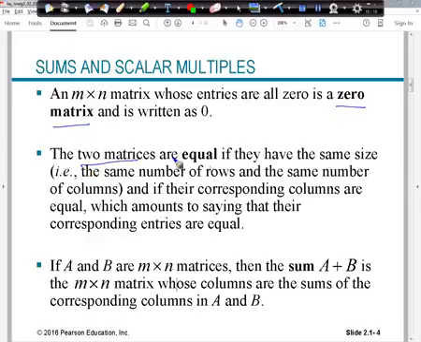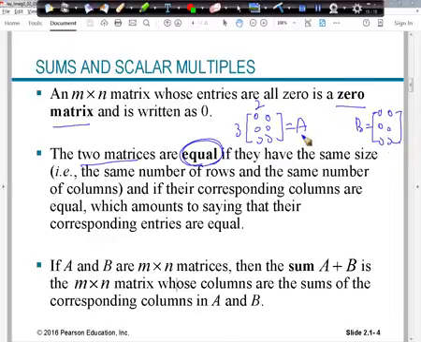And then if two matrices are equal, so suppose I give you these 3 by 2 matrices, A and B. A and B are equal in case each of these entries is exactly the same. All the corresponding entries should be the same for two equal matrices.